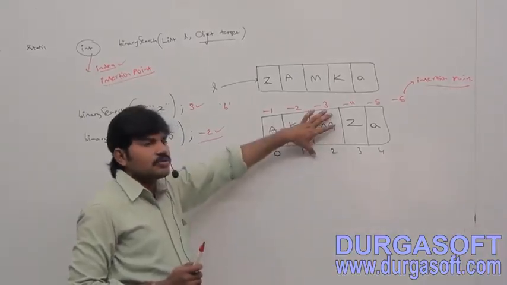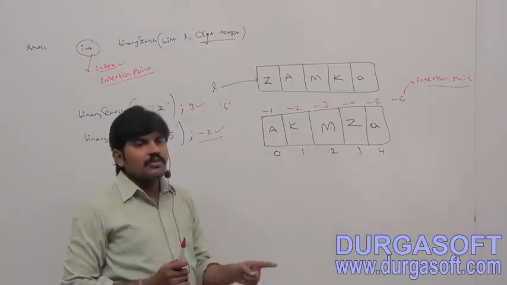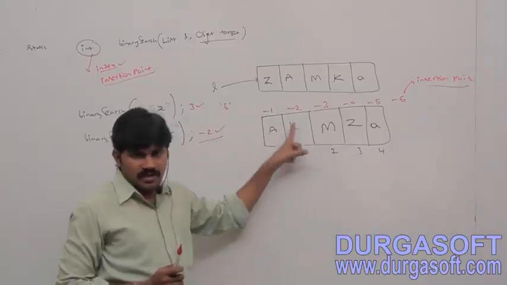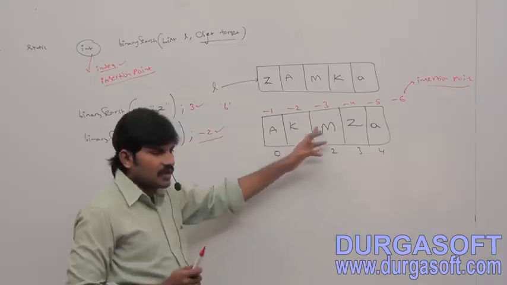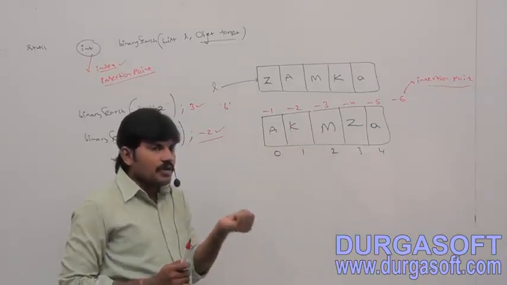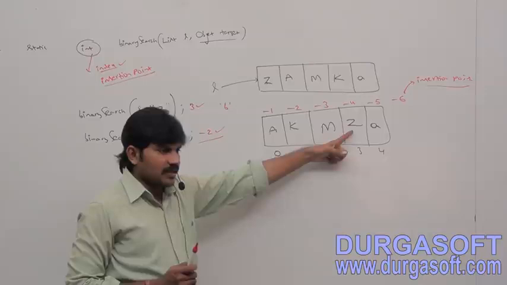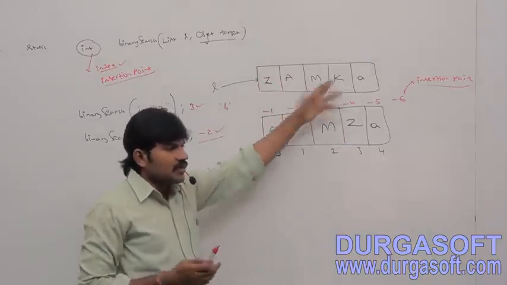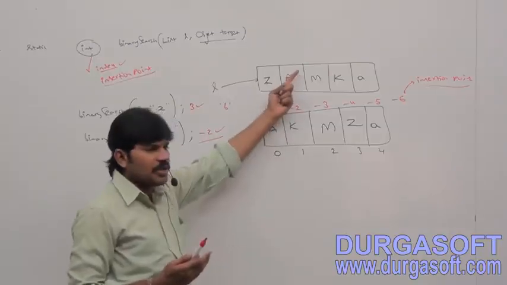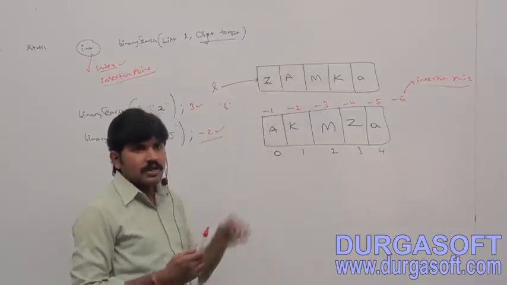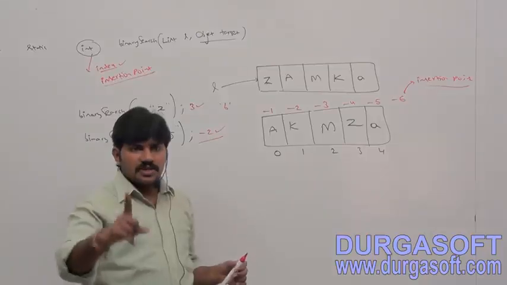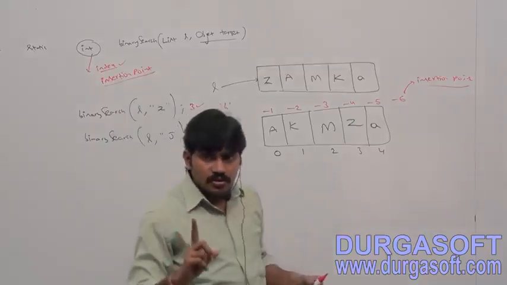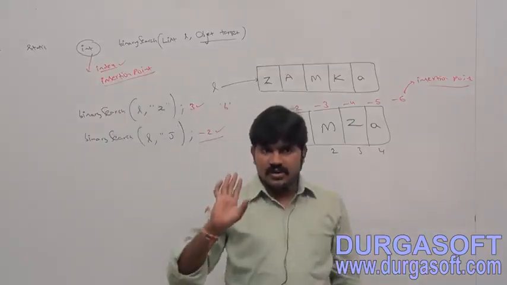The list should be sorted, then only you can tell that J should be placed after A or L should be placed after K. This is possible because it is sorted. If it is not sorted like this, how can you tell where you can place J, where you can place B? It is not possible. That's why before calling the binary search method, the list compulsorily should be sorted, right? Is it clear for all of you?